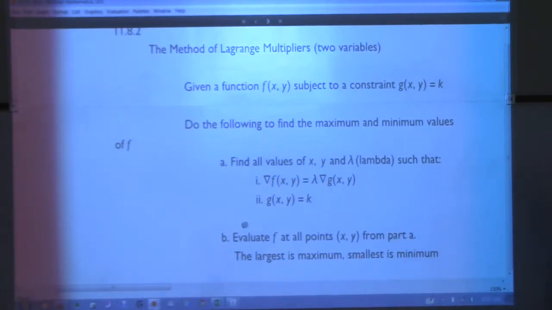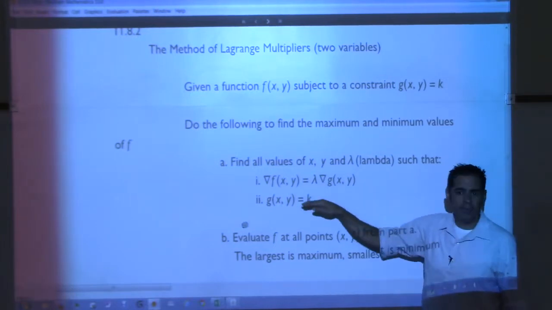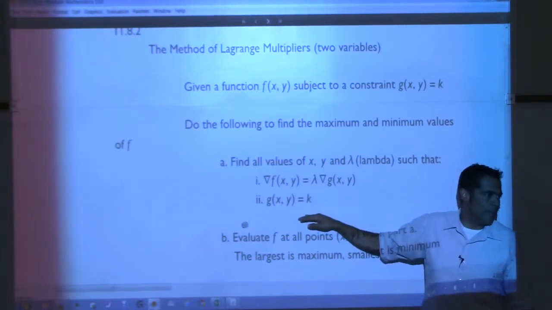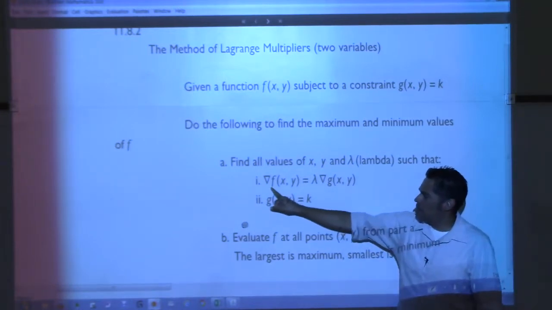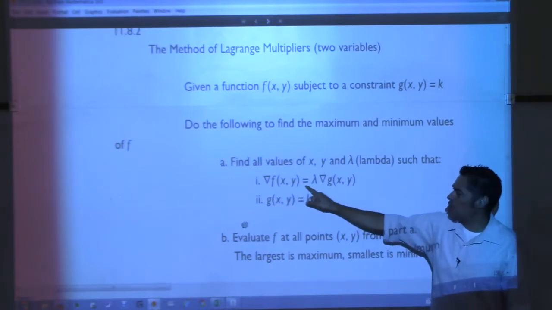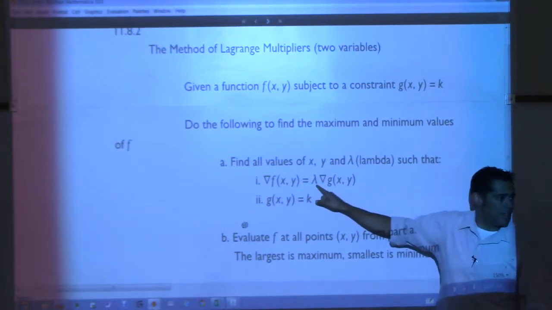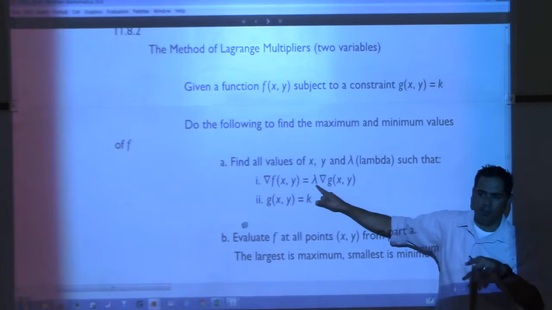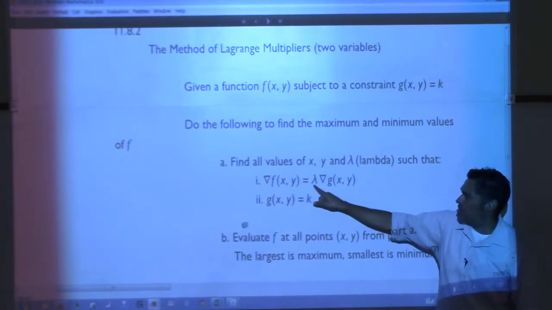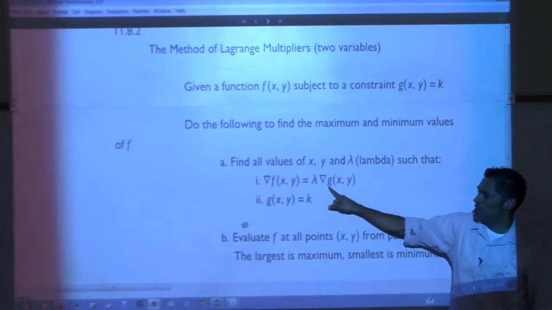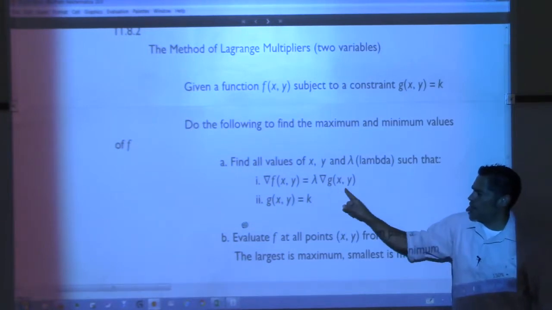So what we're going to have to do is set up sets of equations and solve them. And here's the equations we have to set up. We have to take the gradient of f and set it equal to lambda, which is a constant. So look at lambda as just some arbitrary letter. We have to find out what it is. But some constant times the gradient of g.